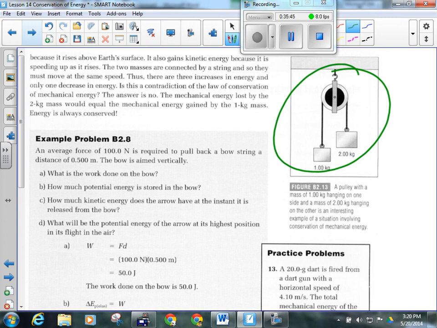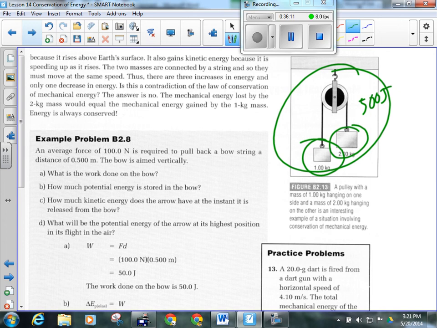If I only have, let's say at the beginning of this, 500 joules of energy, I can't make energy, can I? There's only 500 joules of energy in that system. So this one, the 2 kilogram mass, is actually doing some work on the 1 kilogram mass. But the total energy of the whole pulley system in both masses still remains at 500 joules.